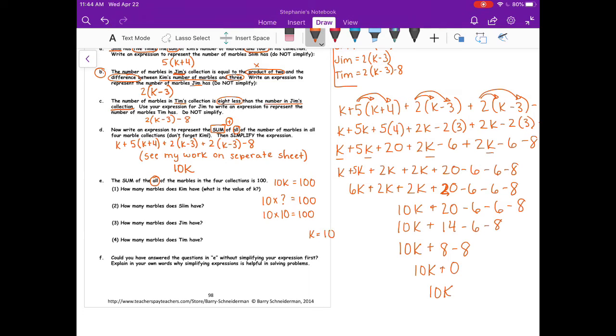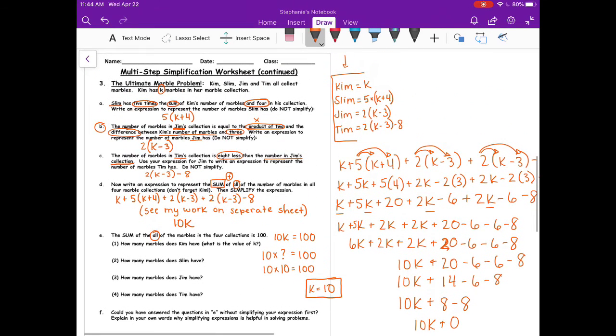So let's look at the different numbers here. How many marbles does Kim have? Well, I see here that Kim has k marbles, and if k equals 10, then Kim has 10 marbles. How many marbles does Slim have?